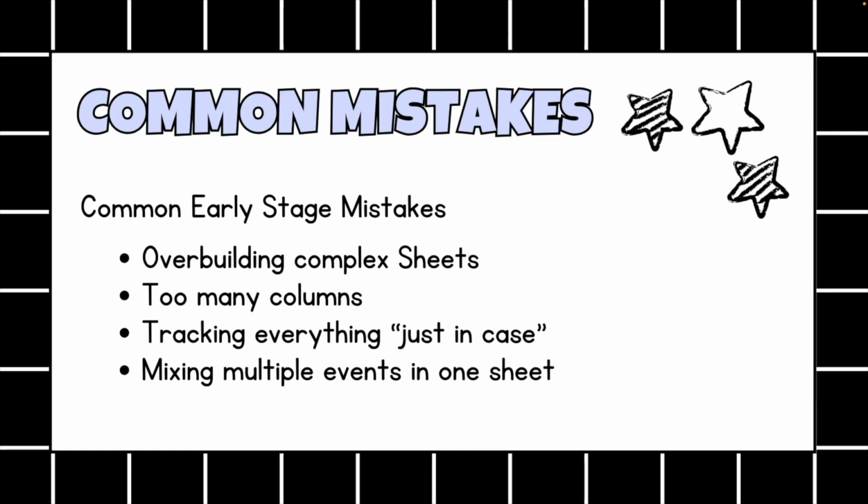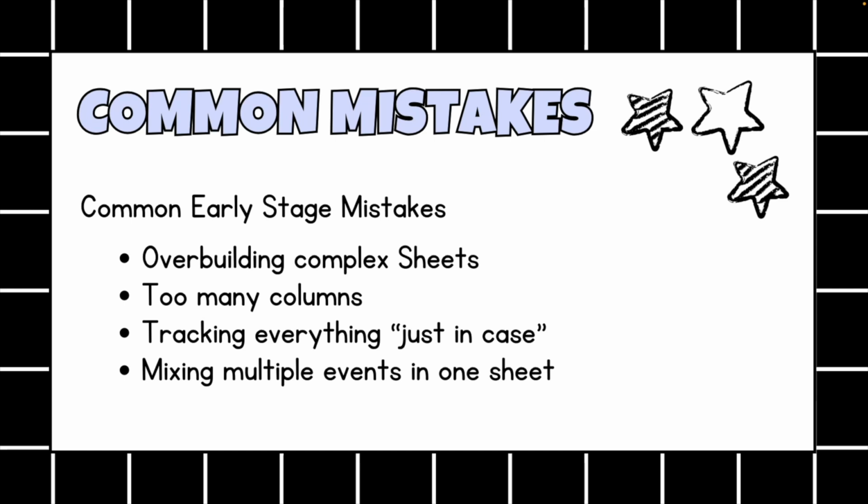It's easy to get carried away thinking that more details will make your planning foolproof, but sometimes less is more, right? The other mistake is having too many columns. And I say this is a mistake because this can overwhelm you and your team, right? Making it harder to find the information you really need.